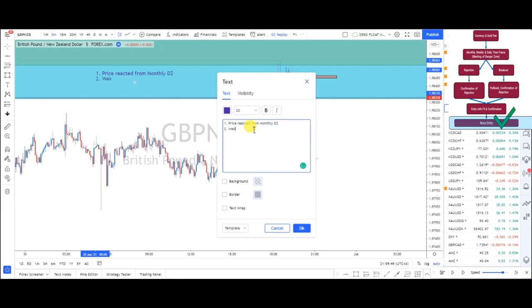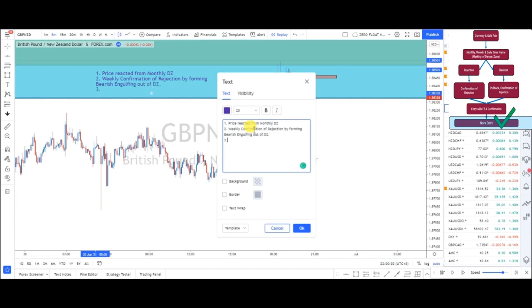Secondly, this is the weekly confirmation of rejection by forming a bearish engulfing outside of the danger zone.